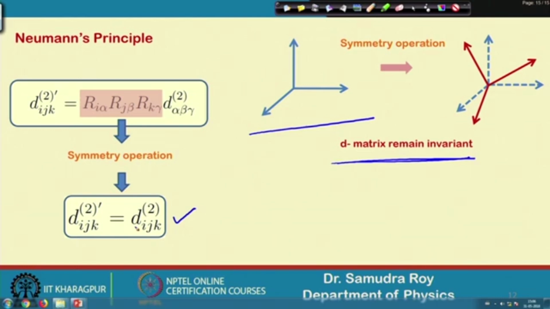In the next class we will start using some examples of how the D matrix components are calculated. In most cases we find that D matrix components will vanish or are equal to each other, and then the number of independent coefficients reduces significantly, and eventually we have 2, 3 or 4 different components of the D matrix that are independent terms, through which we can form the D matrix.